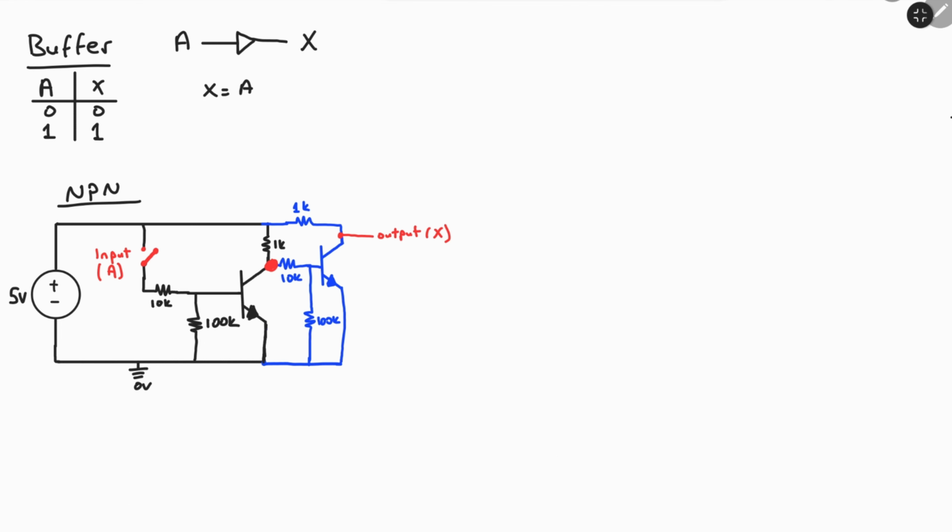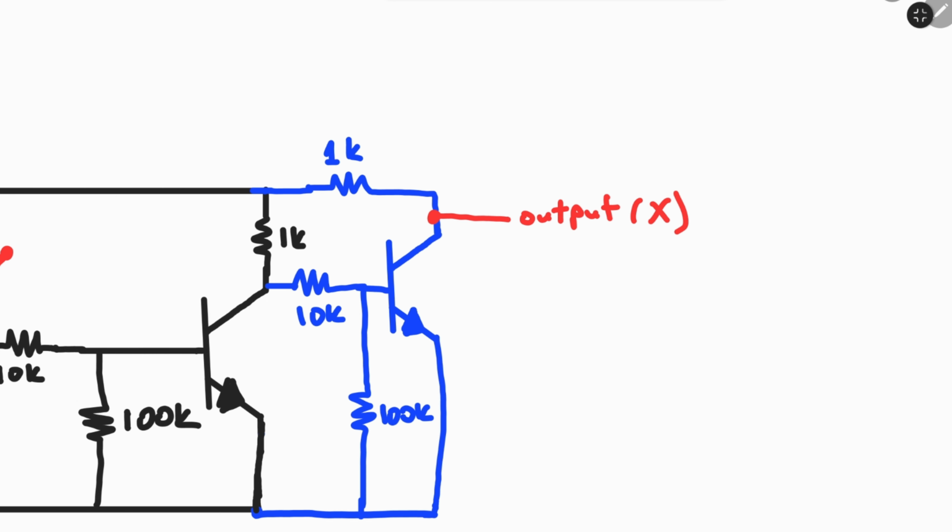And here you can see our output was normally here for an NPN. But that output is now connected to the base of a second NPN transistor. So when we get 5 volts here, then the current flows, and then we have some other current passing through here, and now shorting the ground to this location.